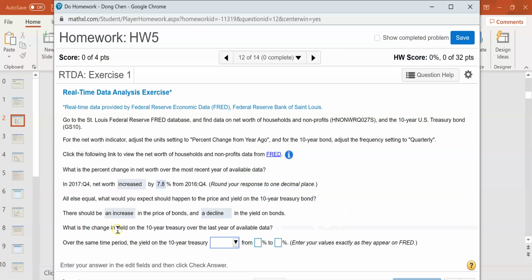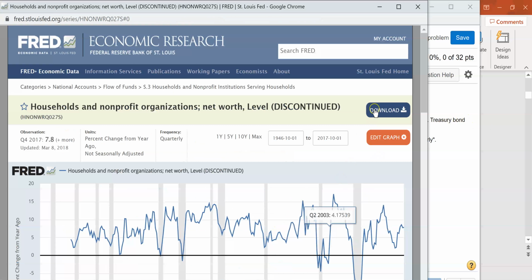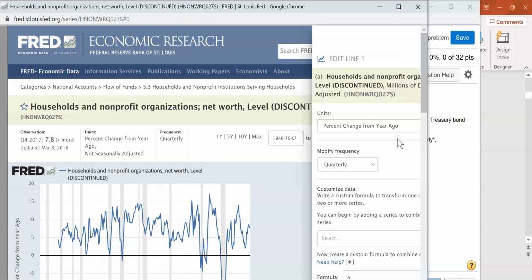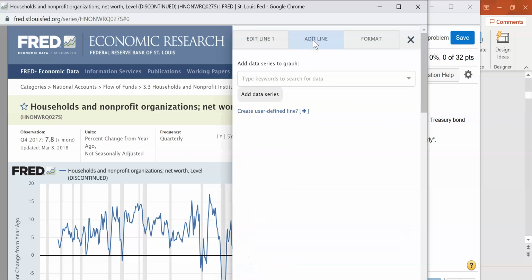What is the change in yield on the 10-year Treasury over the last year of available data? So the 10-year Treasury bond, the symbol here is GS10. Let's add that to our chart here. We can edit graph, add an additional line and search for GS10.